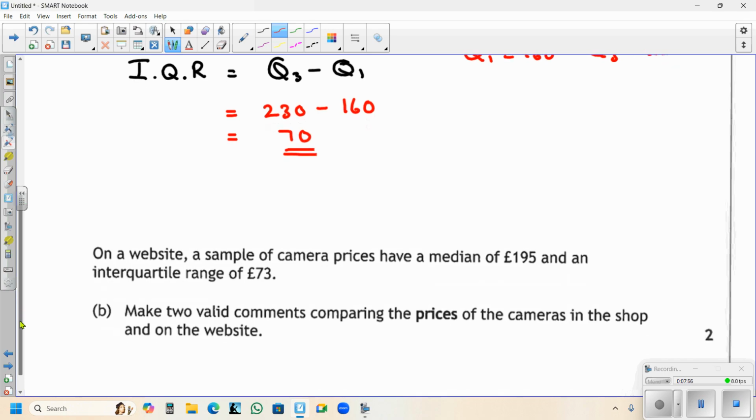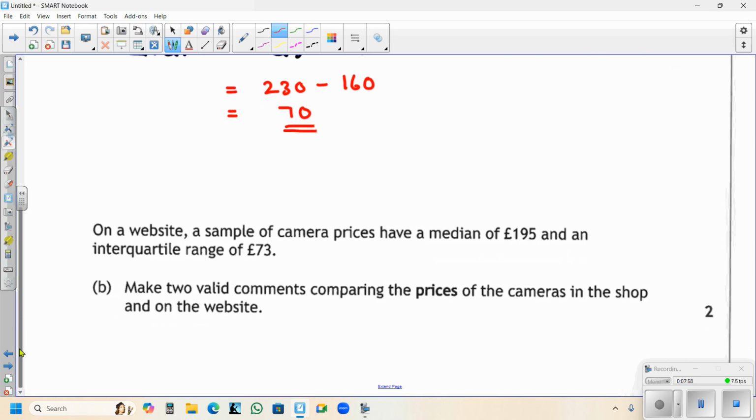So above were the values for the shop. We worked out that the median was equal to £200, and that the interquartile range was equal to £70.